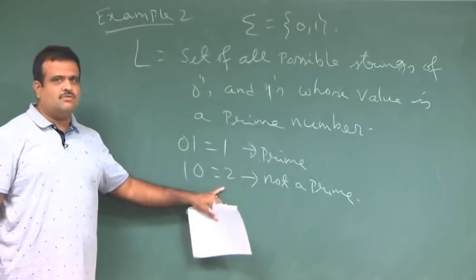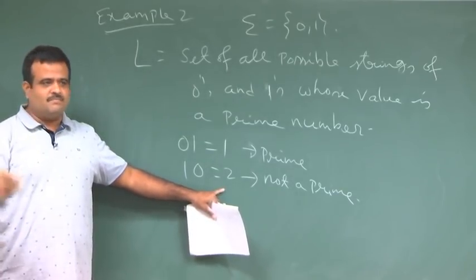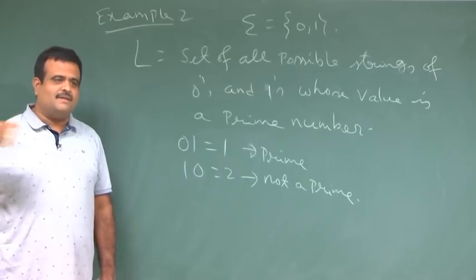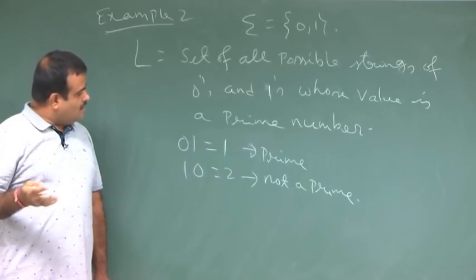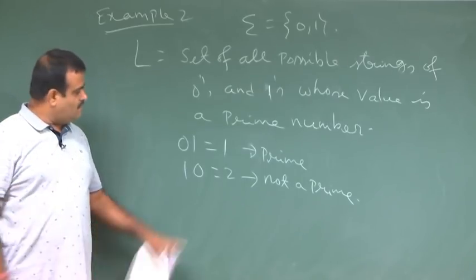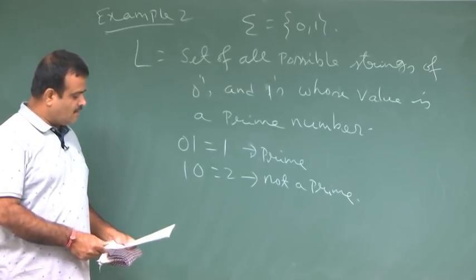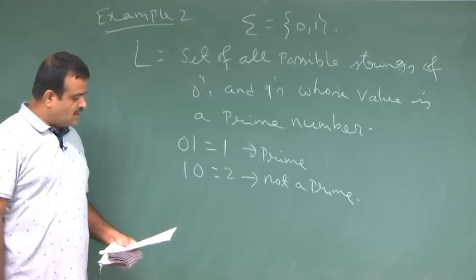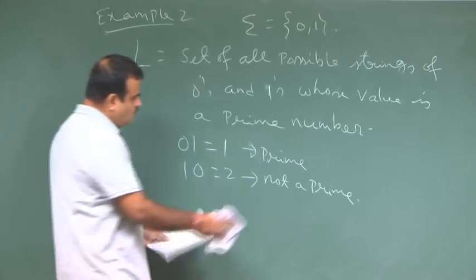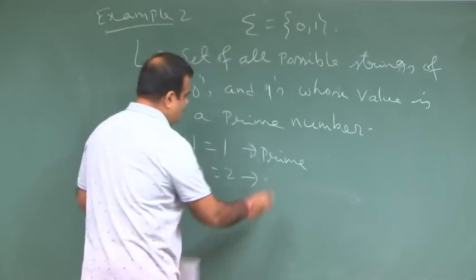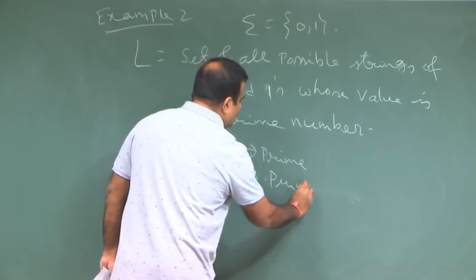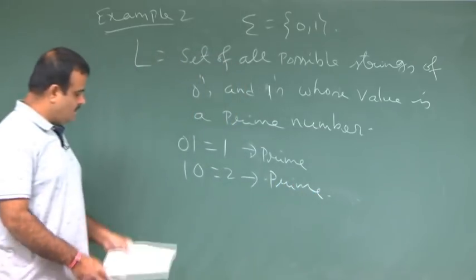Sometimes people say 2 is the even prime, but here we are defining the prime as the number which is divisible by 1 and itself, but sometimes 2 is treated to be a prime, because 2 is the only even prime.